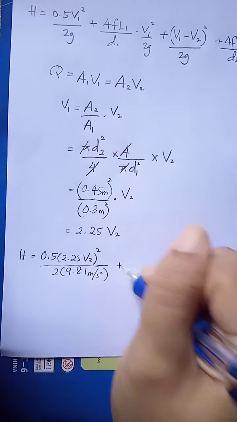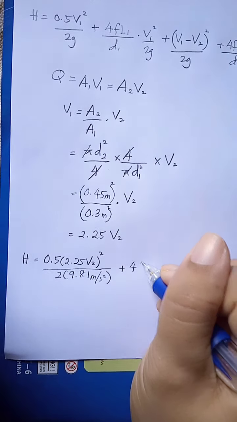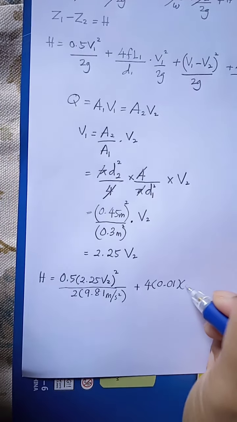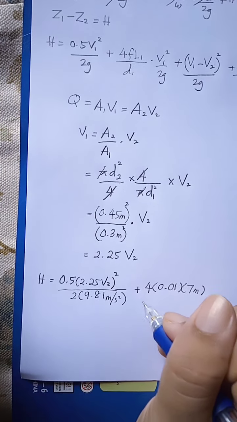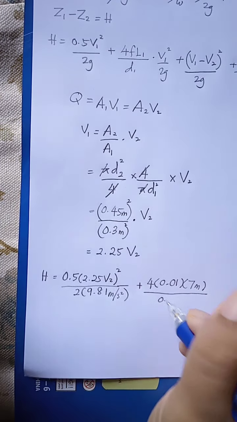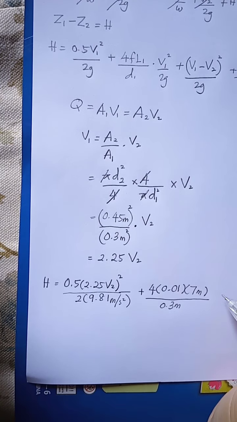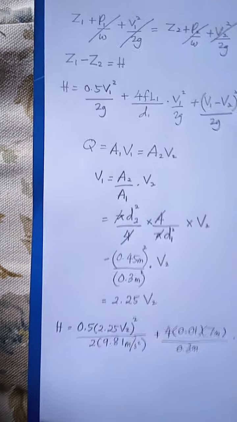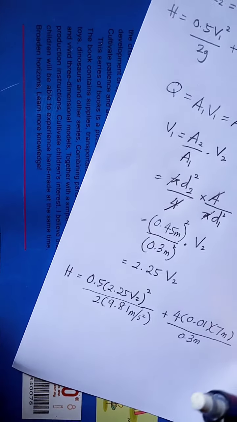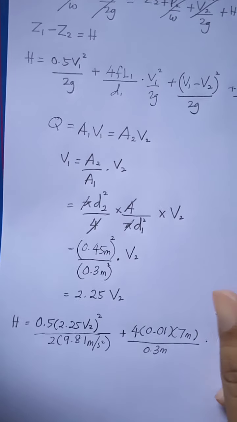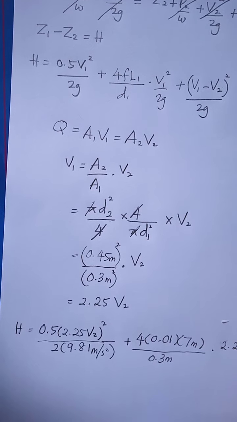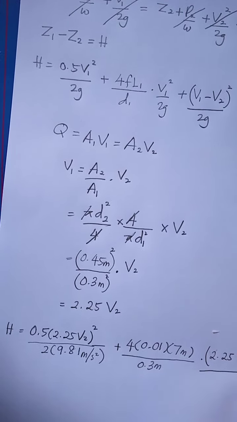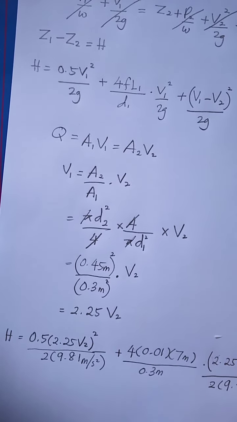Plus 4 times f, which is 0.01, L1 is 7 meter, divided by D1, D1 is 0.3 meter, times V1, where V1 is 2.25 V2, squared over 2 times 9.81.